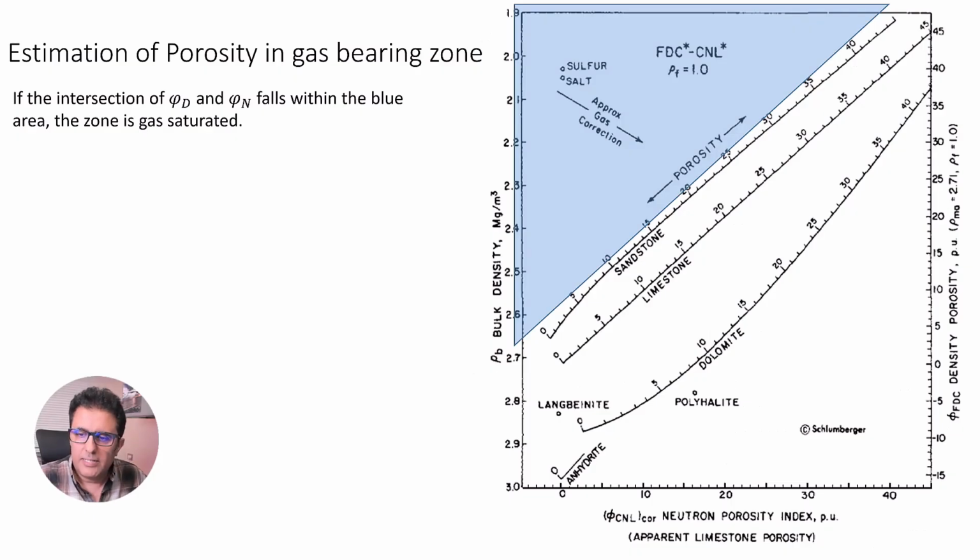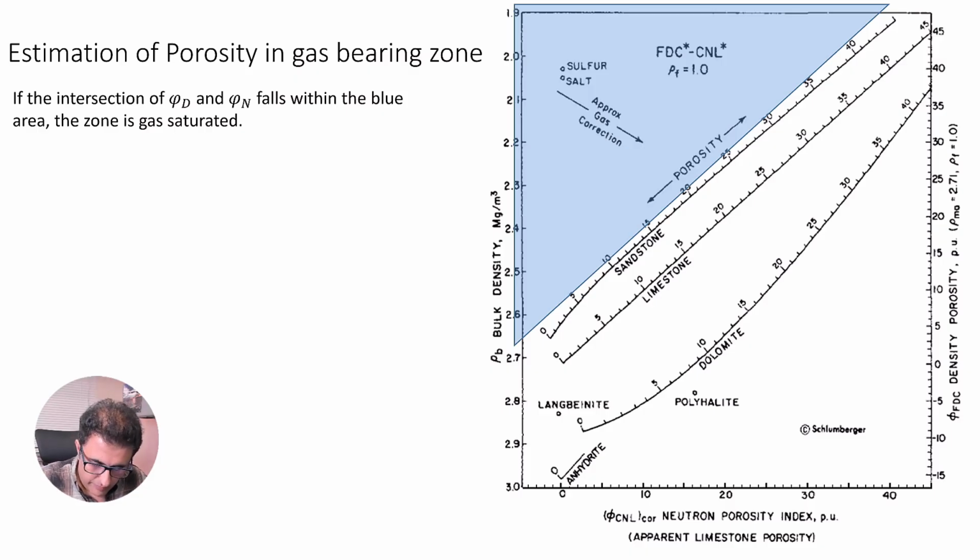Now let's go back and look at the chart that I've already talked about. If the intersection of neutron porosity and density porosity falls within this area that I've highlighted in blue, it means that zone should be a gas saturated zone.